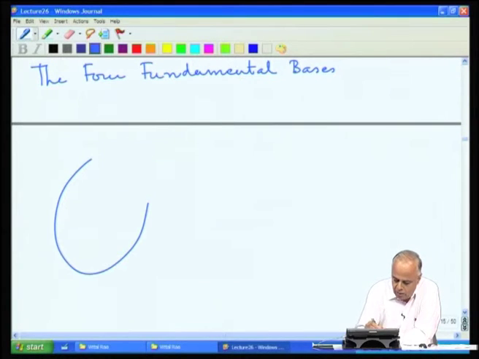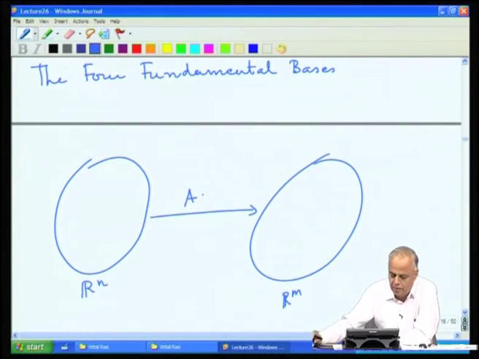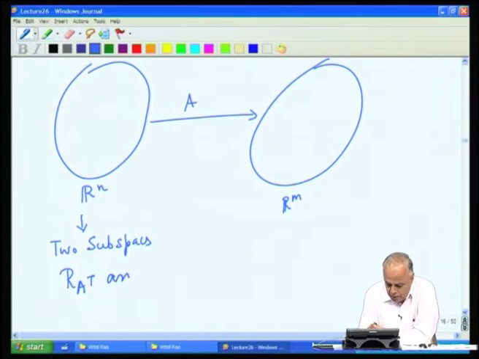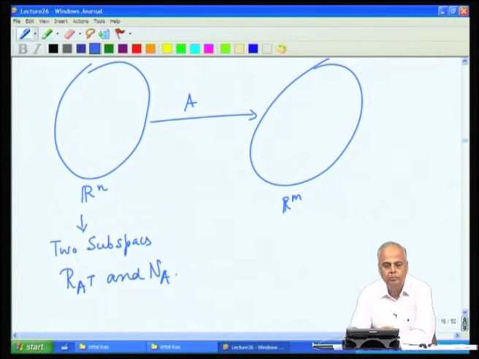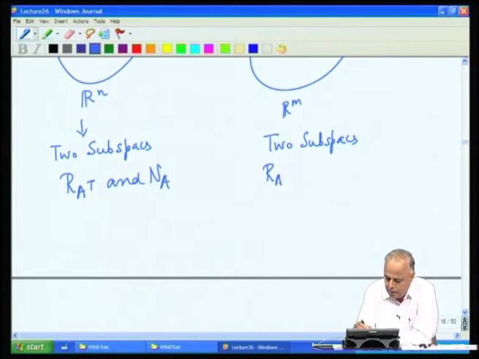So, we have Rn on this side and we have Rm on this side, and A takes n vectors to m vectors. Now, we are going to get 2 subspaces on the Rn side. The 2 subspaces that we had were the range of A transpose and the null space of A. The range of A transpose and the null space of A were subspaces of Rn, and similarly there were 2 subspaces on the Rm side. They were the range of A and the null space of A transpose.